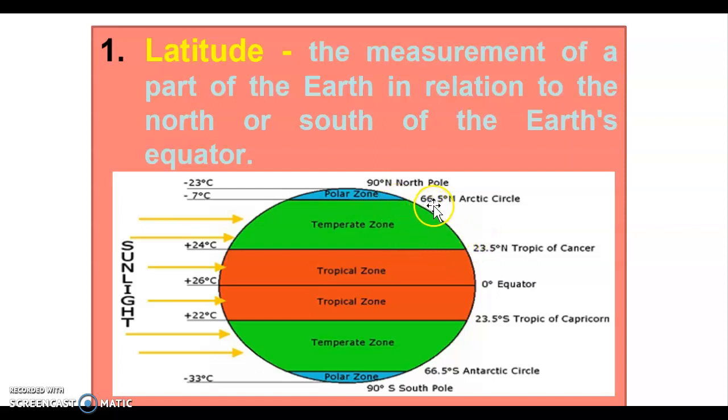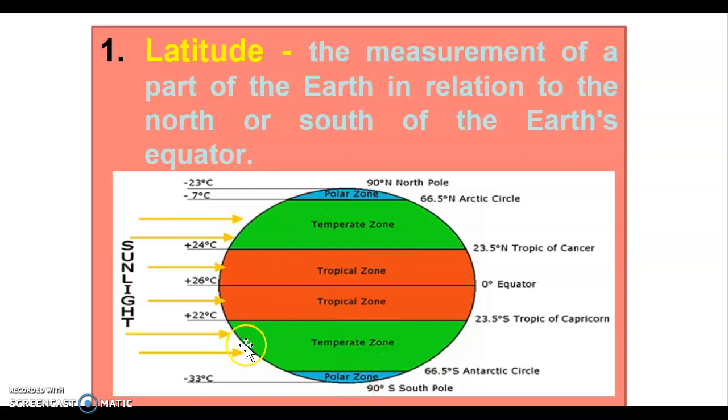And from 66.5 degrees north to 90 degrees north, they have the polar zone. And that goes also as you go down to the South Pole. So we have also a tropical zone, temperate zone, and polar zone.